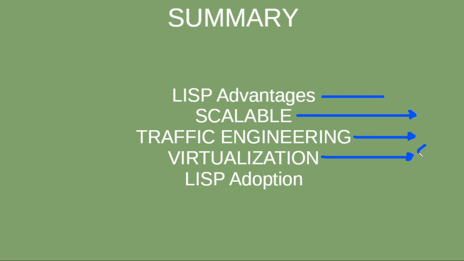We have the shared model and the parallel model. Finally, we talked about how LISP has been adopted as a protocol within the networking industry and the importance that it has now because it is an important part of the new Cisco Fabric solution.